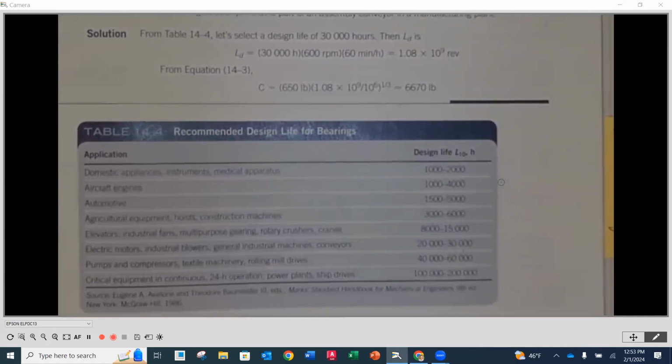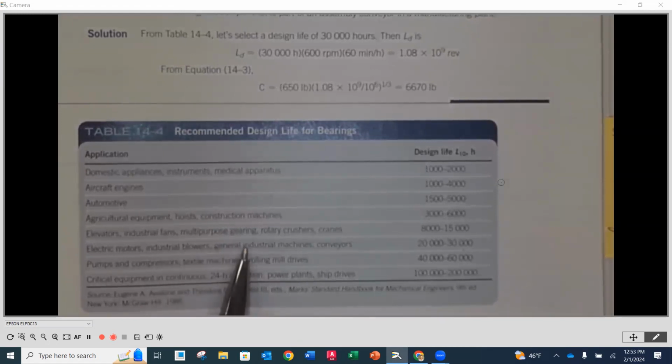If we look here, automotive, you want to get anywhere from 1,500 to 5,000 hours out of a bearing. Instead of taking it in terms of how many revolutions, because that would be a really big number, now we're looking at how many hours we're expecting to get out of that particular bearing. If we look at other industries, like electric motors, industrial blowers, industrial machinery, conveyors, we're expecting 20 to 30,000 hours.